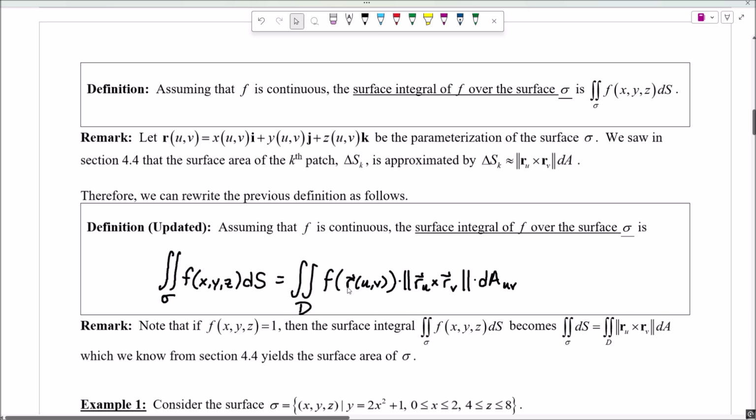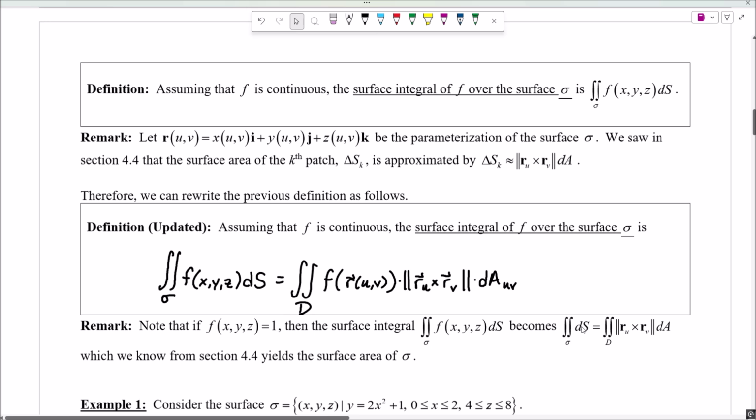That is, this function completely drops off, and we should recognize that as the surface integral formula that we had in section 4.4. So if I choose the function that I want to add up over the surface as just 1, then what I end up with is just the surface area integral.